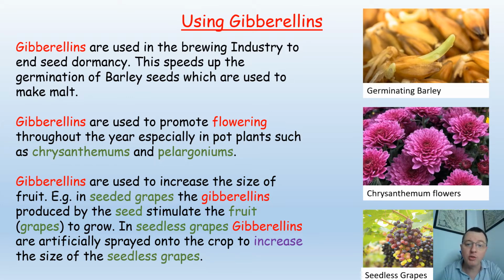Gibberellins are also used to increase the size of fruit. For example, in seeded grapes, gibberellins produced by the seed stimulate the fruit, the grapes, to grow. In seedless grapes, gibberellins are artificially sprayed onto the crop to increase the size of the seedless grapes.